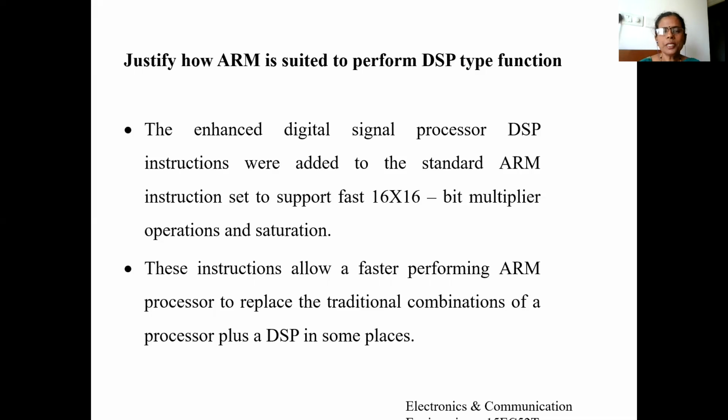The DSP instructions are also added to the ARM instruction set. This makes 16-bit by 16-bit multiplication operations and saturation possible. Because of this feature, it is suited to perform DSP type of function. And these instructions allow the faster performing ARM processor to replace the traditional combinations of processor plus DSP in some of the places.